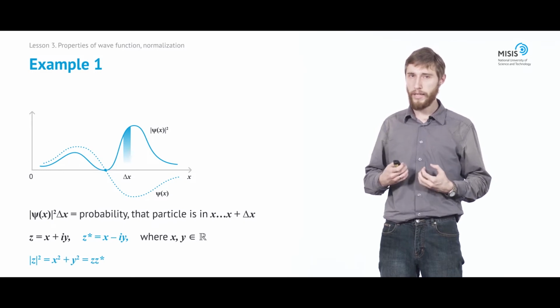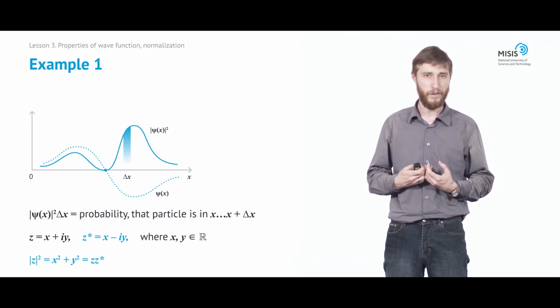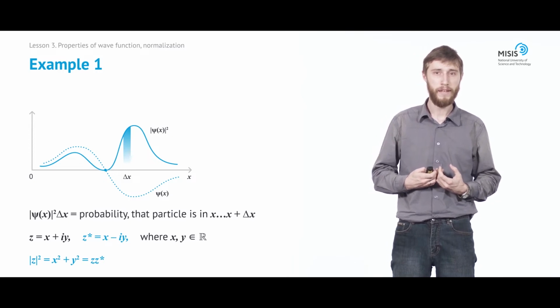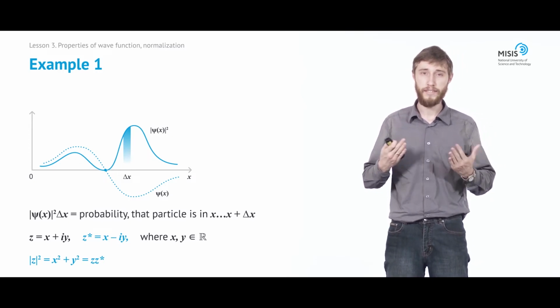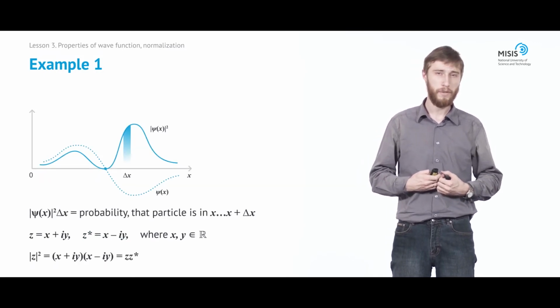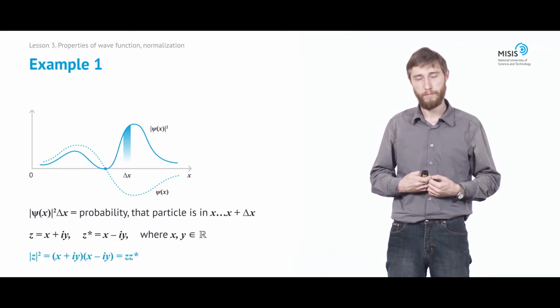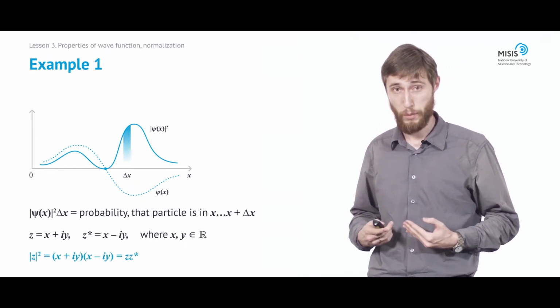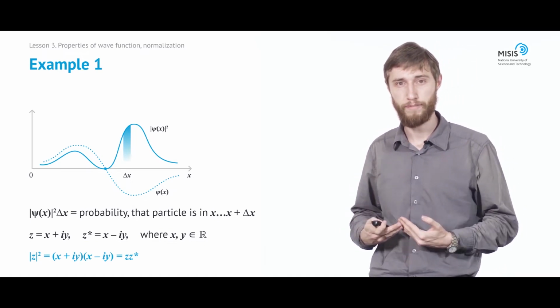So, like for any complex number z equals x plus iy, where x and y are reals, the modulus of z is the distance from the origin, and it is given by this. Introducing the complex conjugate, we can also write it in this way. So, |z| squared equals z times z complex conjugate.